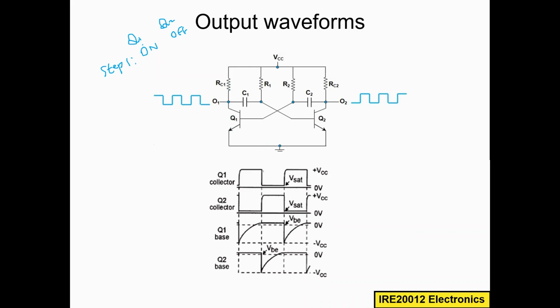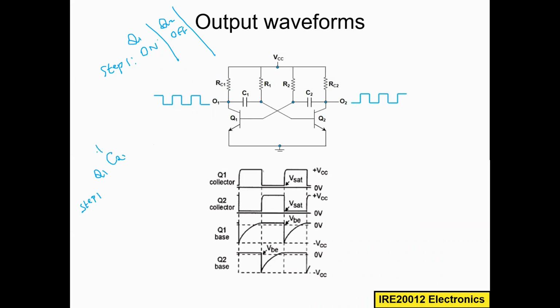So here, let's say we need one more column. Let me say step 1. And then this is Q1, and this is the collector of Q1.